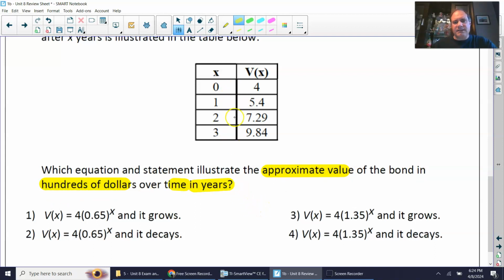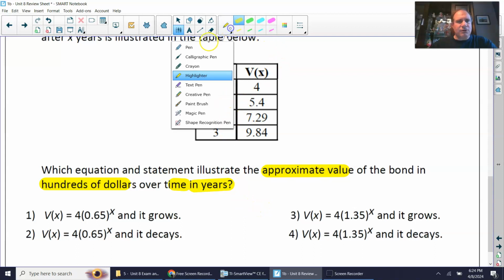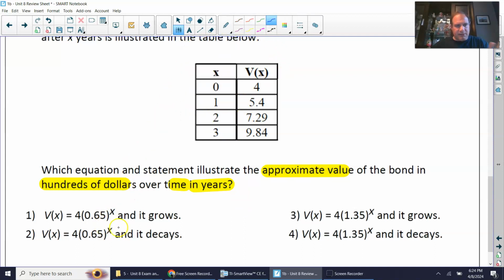So the time is X. So we're just going to basically look at these and see exactly what's going on here. Maybe we could cancel out something.